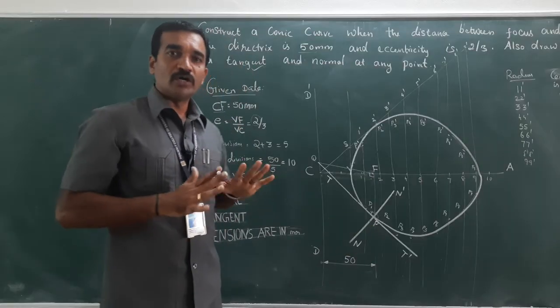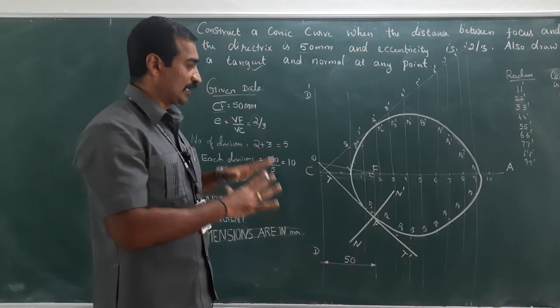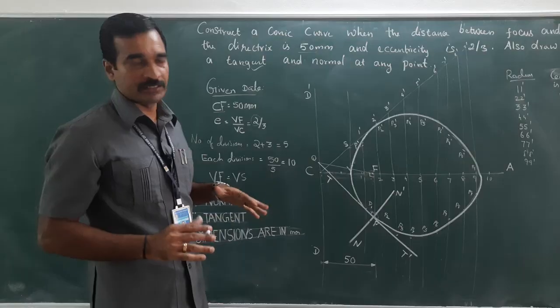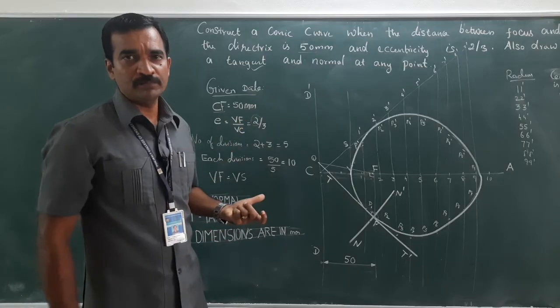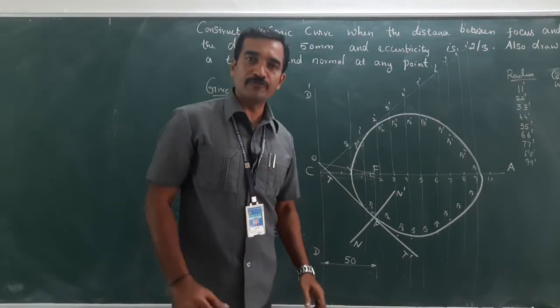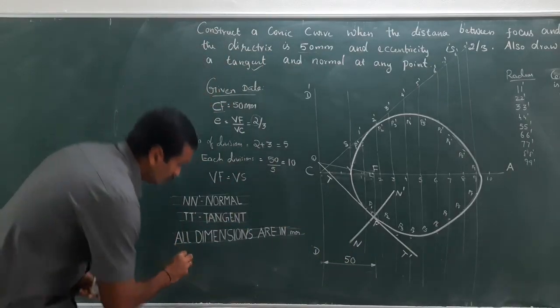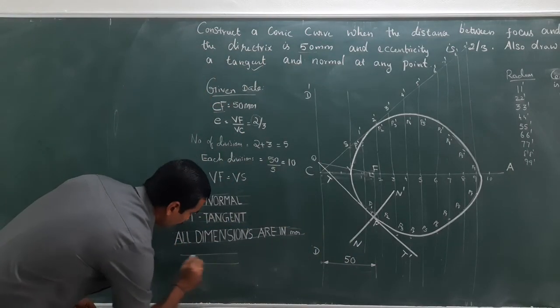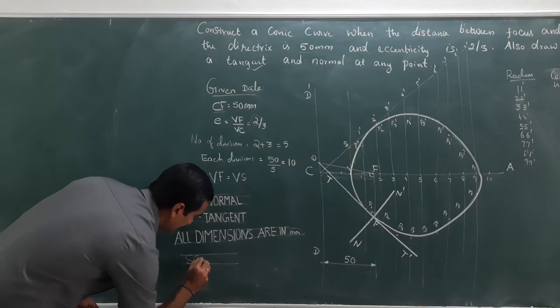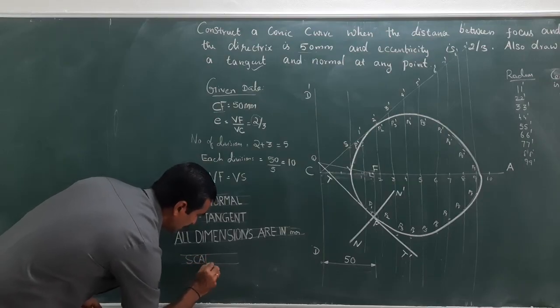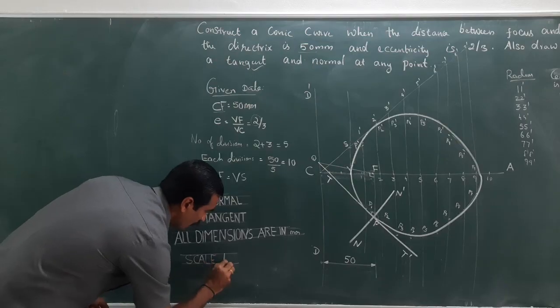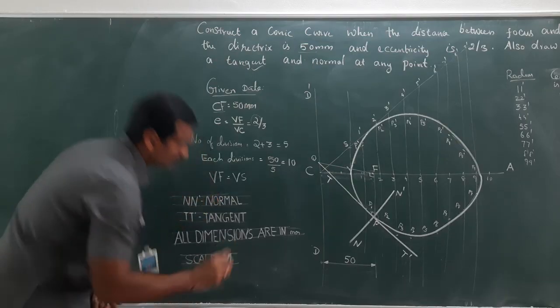We have not changed the original dimension, right? That means whatever has been asked, 50 mm, the same thing has been used here. Therefore, I have considered the true scale. So the scale which I considered for this diagram is 1:1.